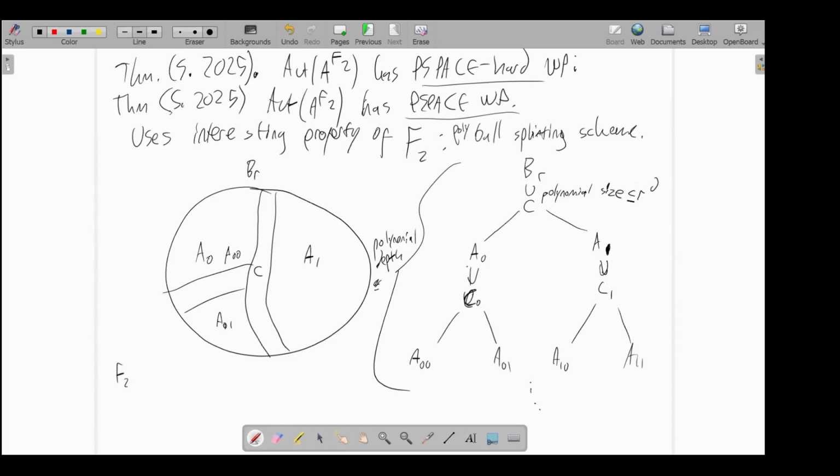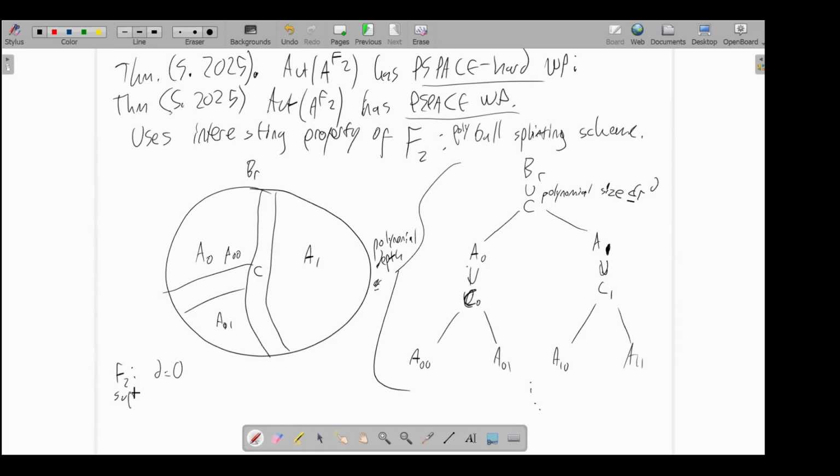For F2, I can take D equal to 0, or let's say some constant, because F2 is actually completely disconnected, so it's just a tree. So in there I can just use a finite set for C at each step.